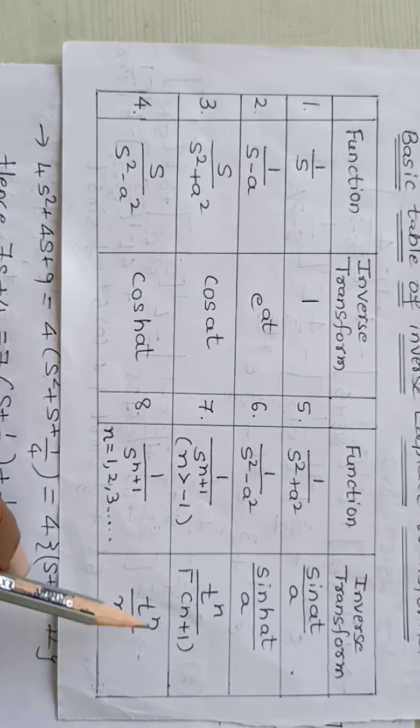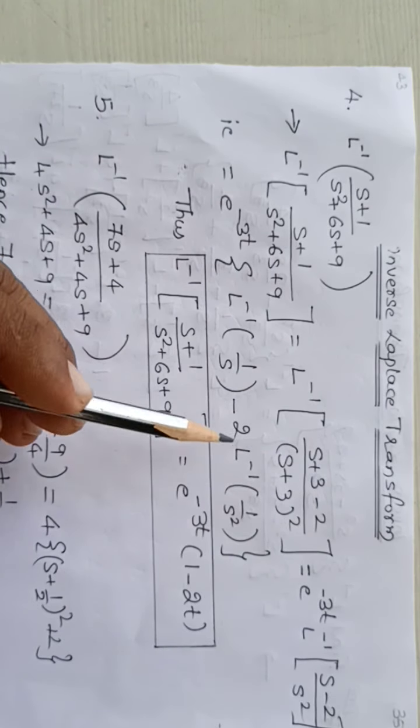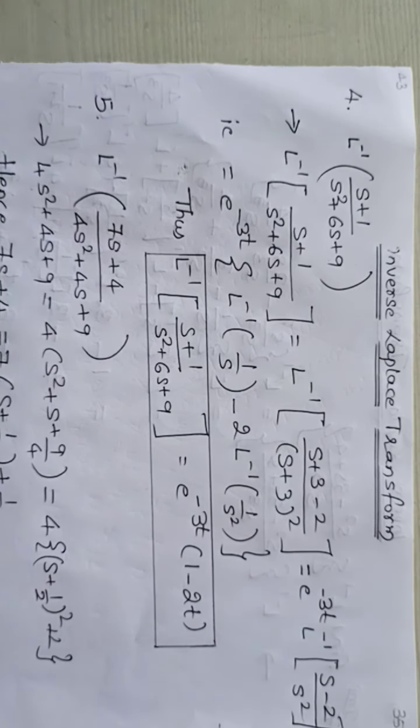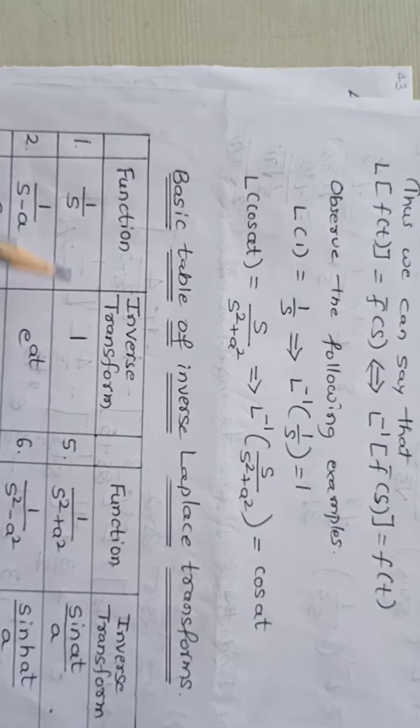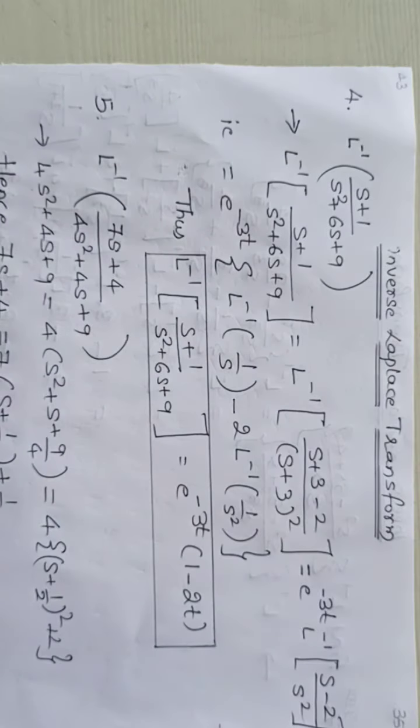Laplace inverse of this term is t raised to n divided by n factorial. So 1 by s means it is 1, we have seen.